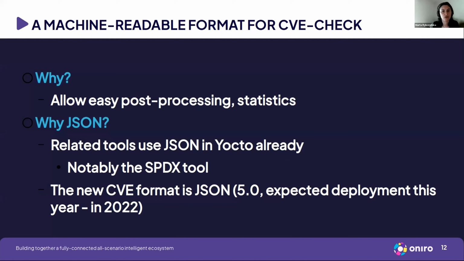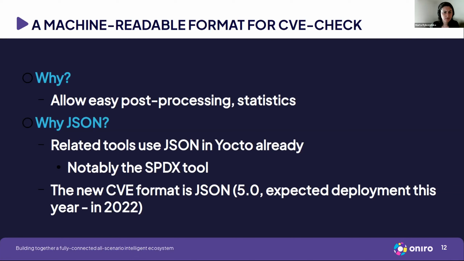There are other formats to try out. We went for JSON for 2 reasons. First is because the related tools are already using JSON, especially the SPDX tool, SPDX generation. And we expect that those two are going to be used together quite often in the future.